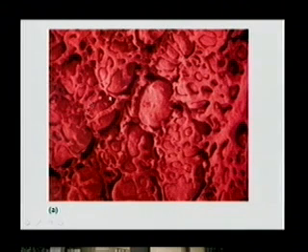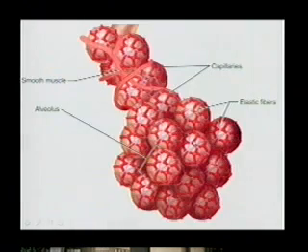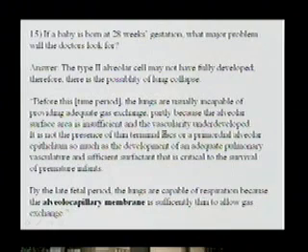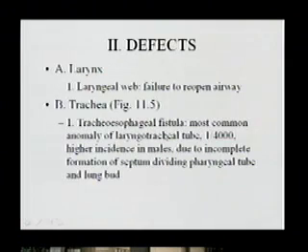Here you can see a scanning electron micrograph colorized of the rich capillary beds overlying the alveolar sacs, and the surfactant working so that we can have the transfer of the gases between the capillary bed and the atmosphere within the alveoli. So the remainder of this focuses on the defects, and hopefully you can understand that relatively well on your own. That is also covered on the posted recorded lecture from prior semester.